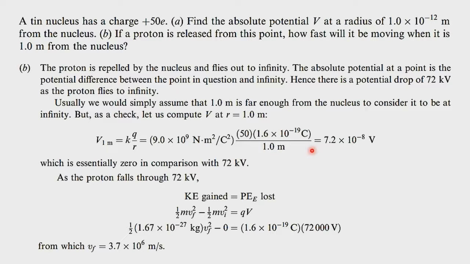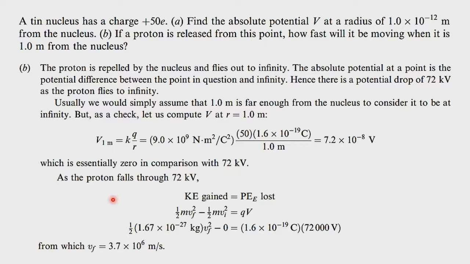That will give us 7.2 times 10 to the minus 8 volt. This is very small compared to the earlier calculation of 72 kilovolts, so it is essentially zero in comparison.